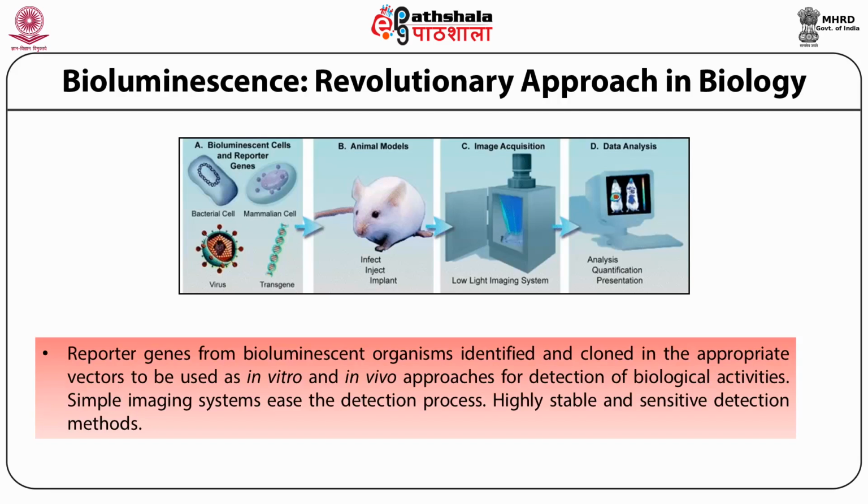Simple imaging system is the detection process, and highly stable, sensitive detection methods are available which can be helpful for the data analysis. You can see here in the bacterial cell and mammalian cell, the bioluminescent reporter genes can be incorporated. Then the animal models can be produced by implanting, and then the data can be easily taken by imaging.